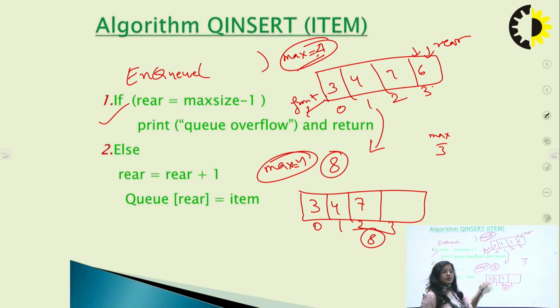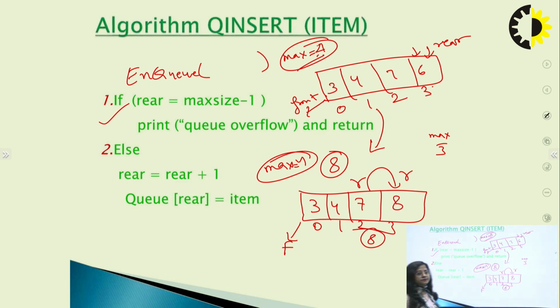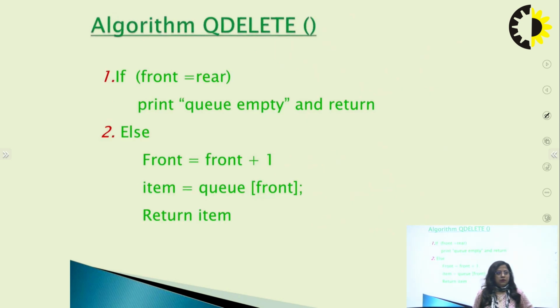You want to perform the NQ operation here with 8. The rear is here and the front is here, and since you want to insert new data, the rear is increased by 1. So rear moves to this position and you can easily insert your data. Got it? This algorithm is used for the NQ operation, meaning insertion of any data.